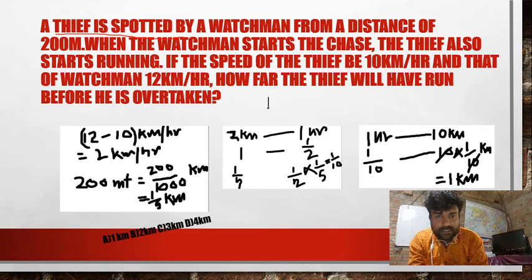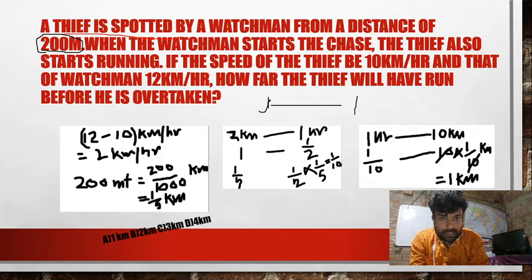Suppose here is a watchman and here is a thief, and in between is a distance of 200 meters. When the watchman starts the chase, the thief also starts running at the same time.